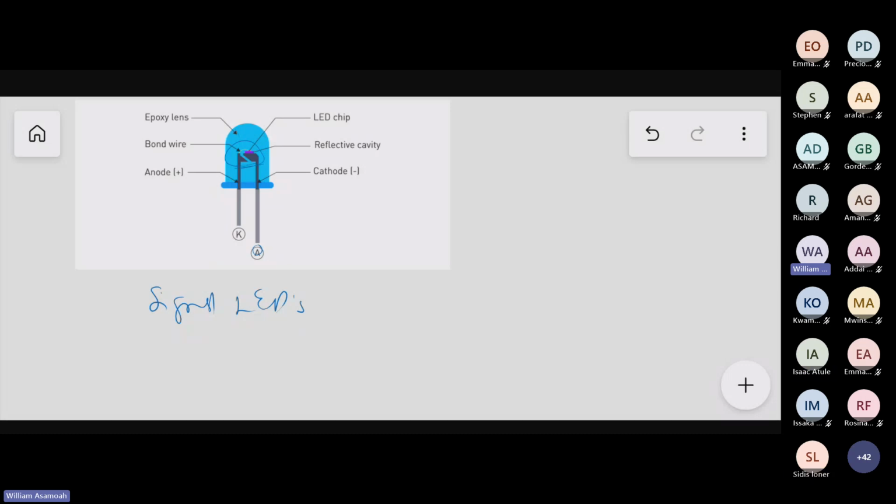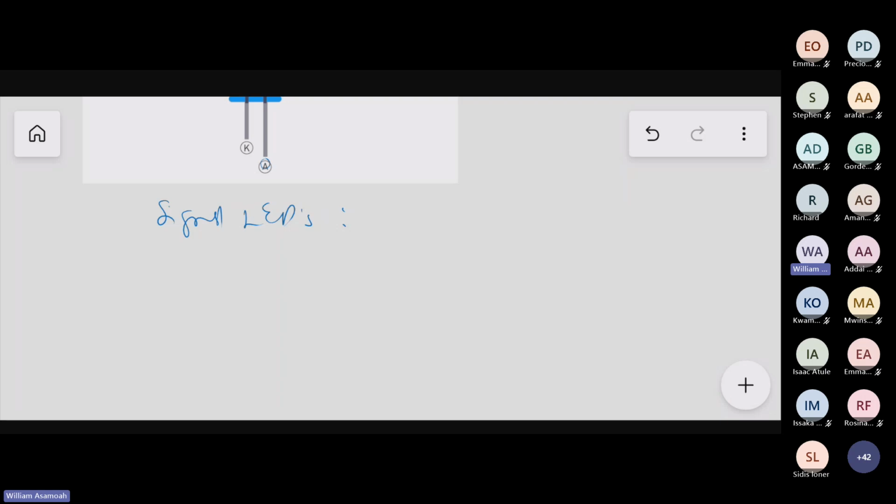For signal LEDs, the brightness depends on how much current is flowing. Is that right? But the maximum current it takes is 20 milliamperes. Any current more than 20 milliamperes, the diode will burn out. I told you that every diode has its current rating.